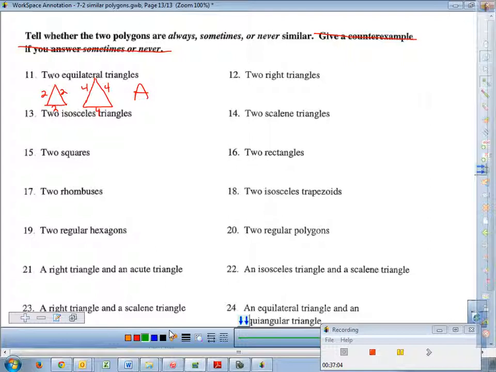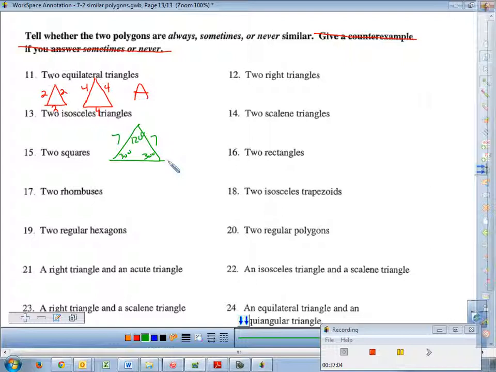At least two, right? And the base angles are the same, right? So if I draw an isosceles triangle right here, just for fun, let's even put some numbers in there. Let's go 30 degrees, 30 degrees, 120 degrees, right? 7, 7. Isn't that an isosceles triangle?